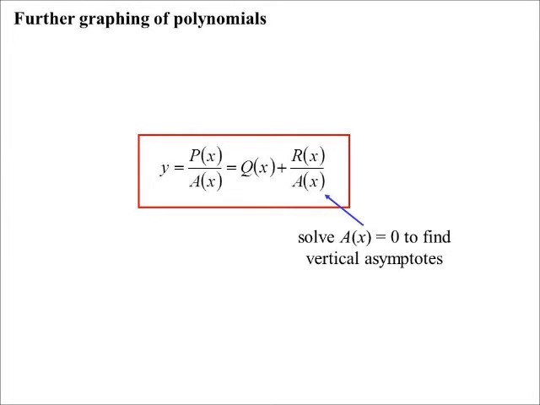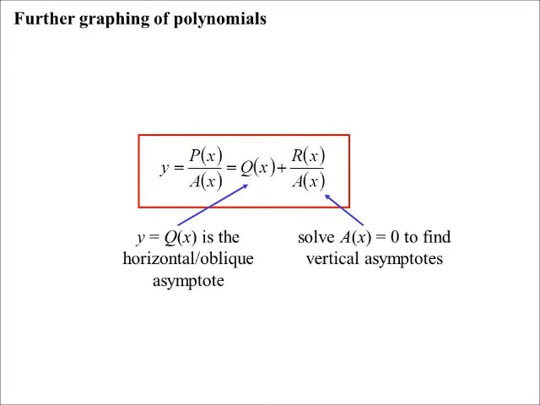They're your vertical asymptotes, you may remember. The Q(x), when you do the division, is going to become your horizontal asymptote if it's a constant number, or oblique if it's a linear function. If it's higher than a linear function, technically it's still an asymptote, could be a parabolic asymptote or things like that. It's unusual, but it is possible.